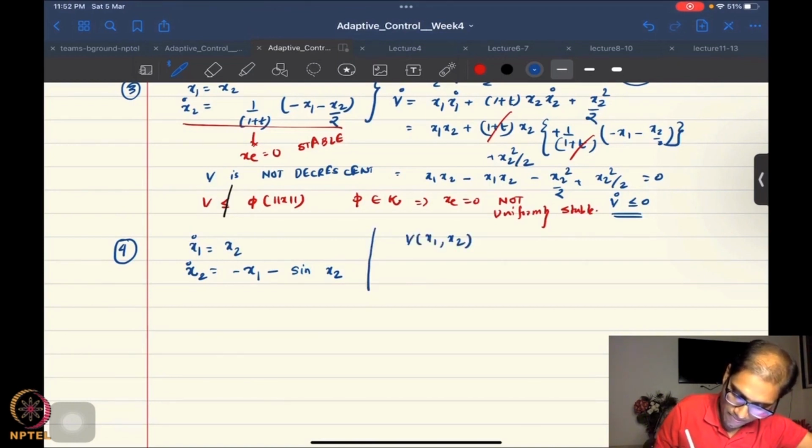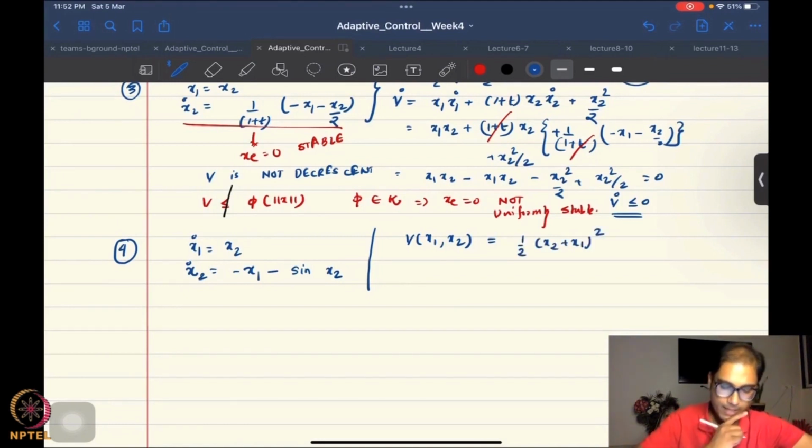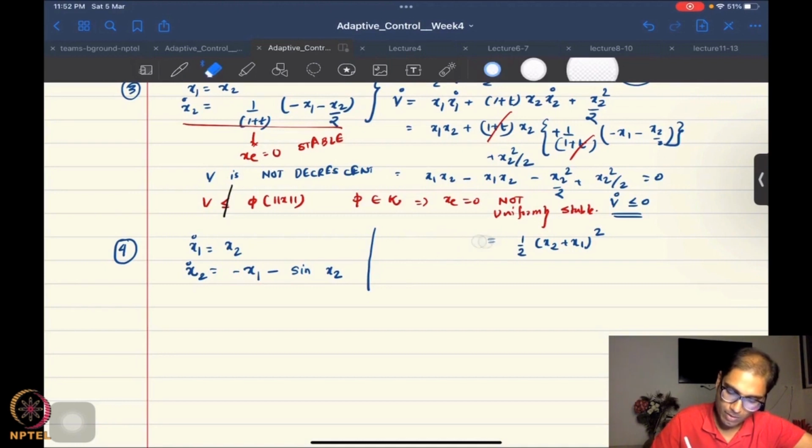V of x1, x2 is equal to, say, half of x2 plus x1 squared.